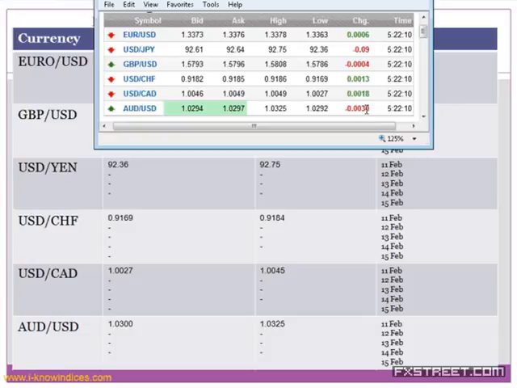So the commodity pairs are showing USD gaining move, but in the case of majors, Euro is showing USD weakening move by gaining 6 pips. USD Yen is showing USD weakening move by showing 9 pips negative net change, but GBP is showing USD gaining move, and USD CHF is showing USD gaining move. So we find that these two are showing USD weakening move and these two are showing USD gaining move, and the commodity pairs are showing USD gaining move.